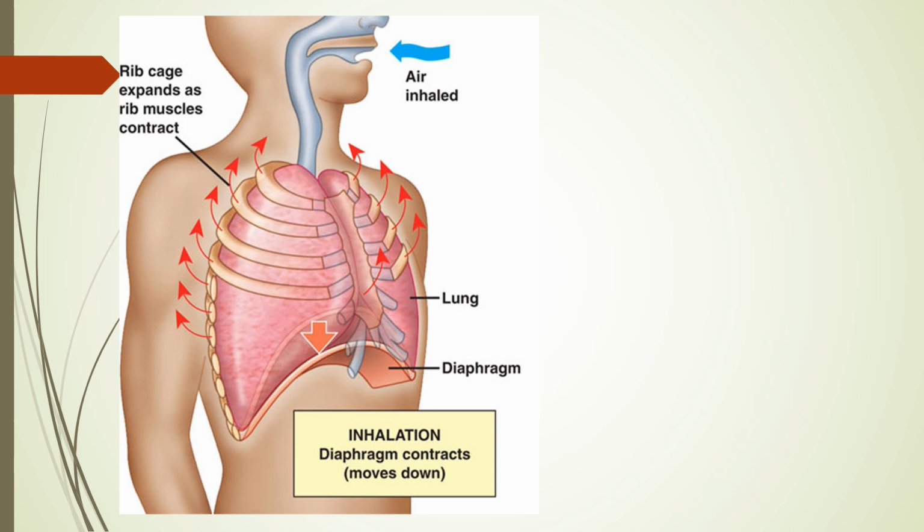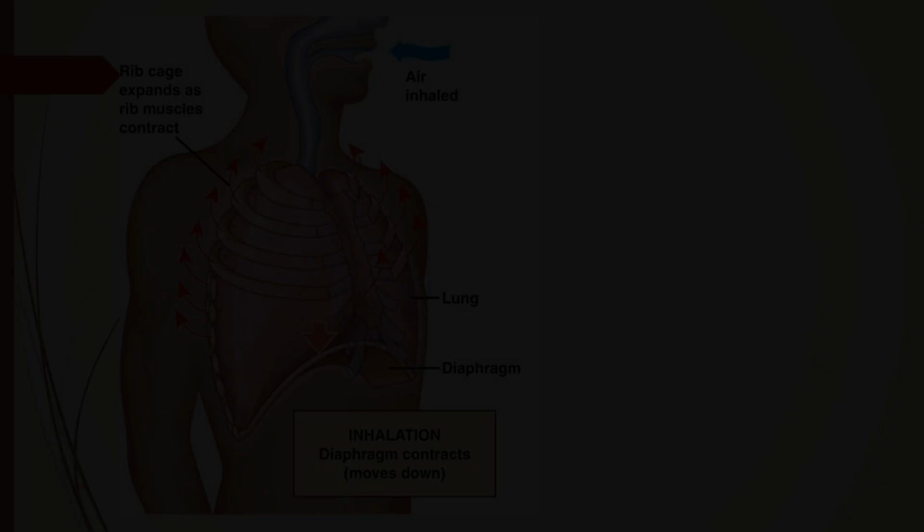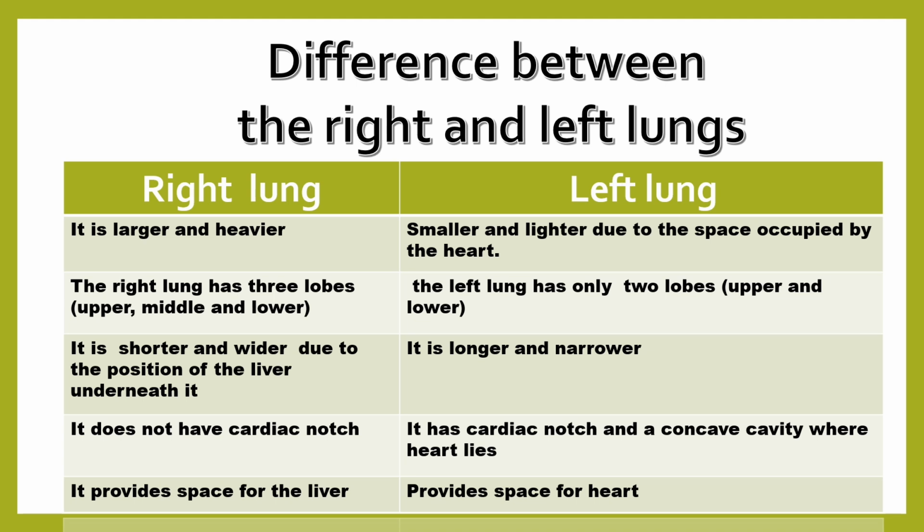So let us summarize the differences between the right and left lungs. The right lung is large and heavier. The left lung is smaller and lighter due to the space occupied by the heart. The right lung has three lobes, upper, middle and lower. The left lung has two lobes, upper and lower. The right lung is shorter and wider than the left lung.